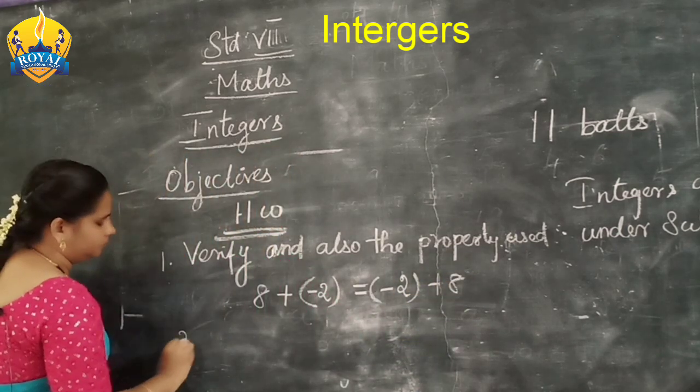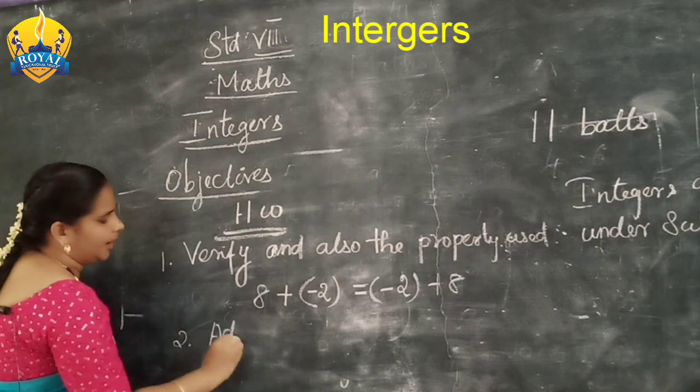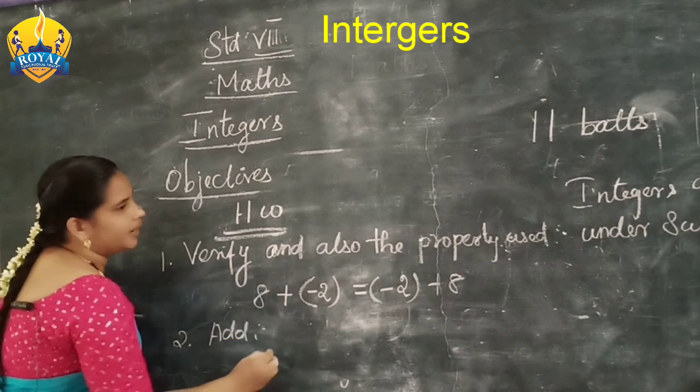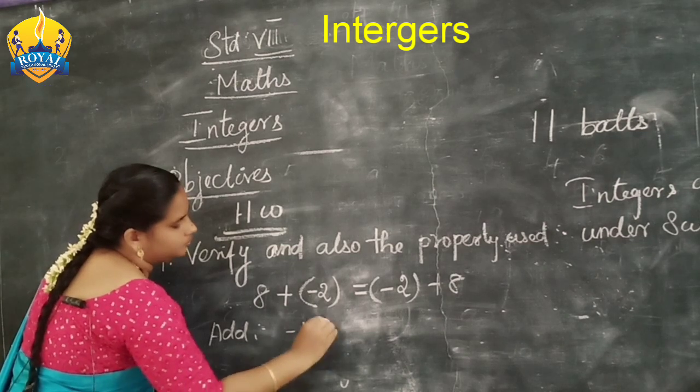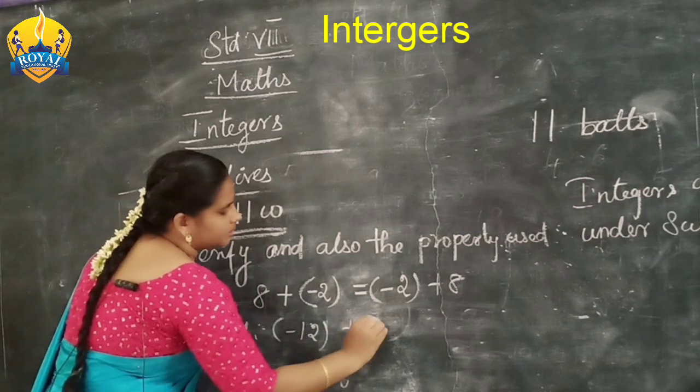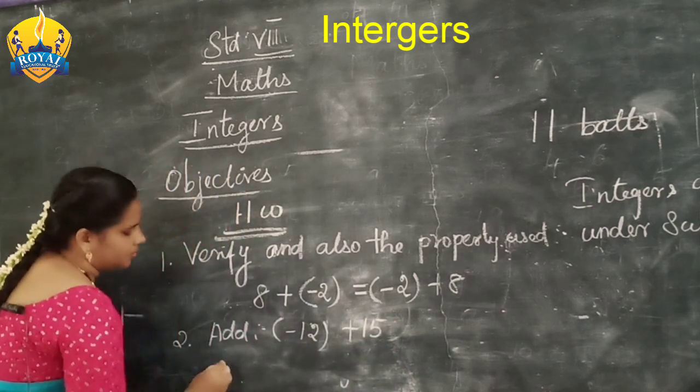First one. Second one, add the integers: minus 12 plus 15. Subtraction: 3 minus 6.